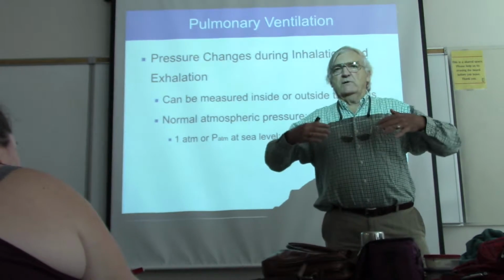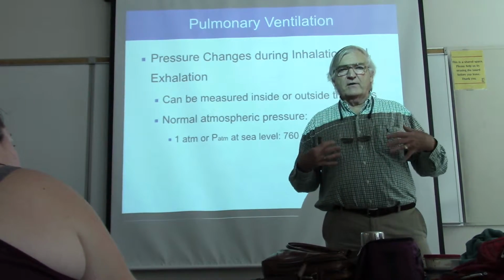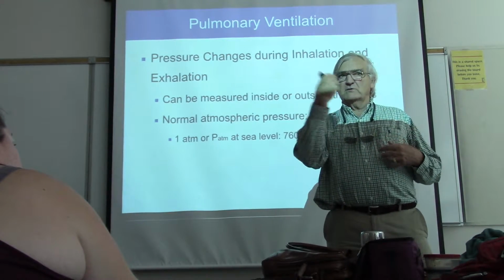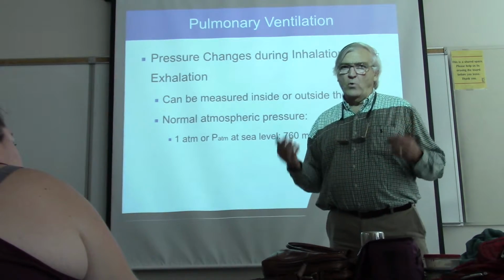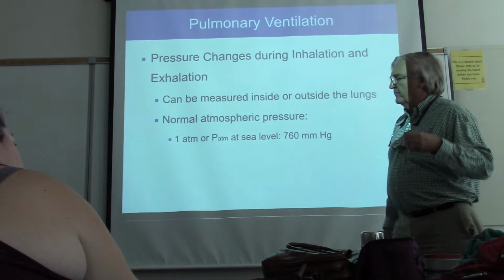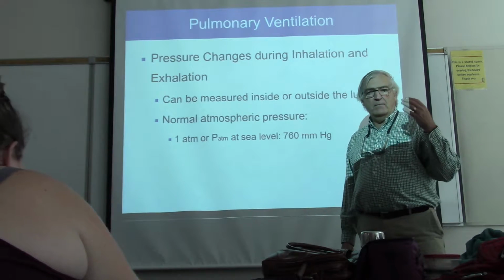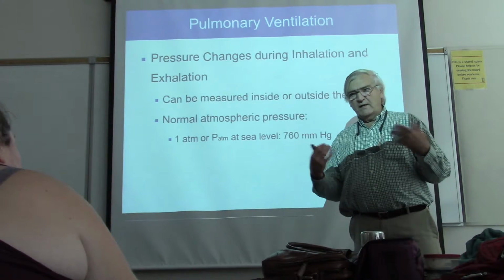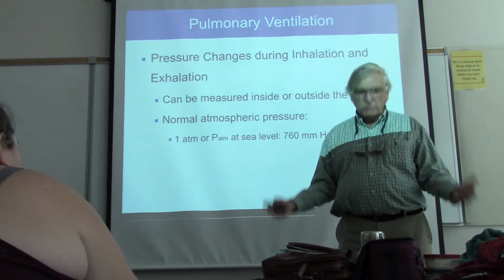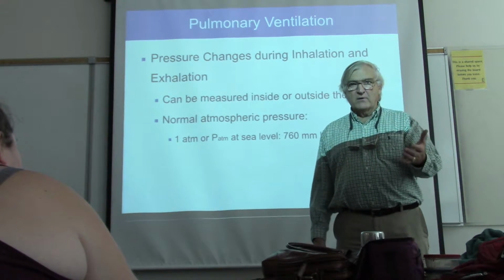So if you can increase the size of your chest cavity, that will lower the pressure, and assuming your trachea is open, down will come air. And indeed, in quiet breathing, it only takes 1 or 2 millimeters of mercury to do that. We suck it in, and then we just relax, and out it goes.